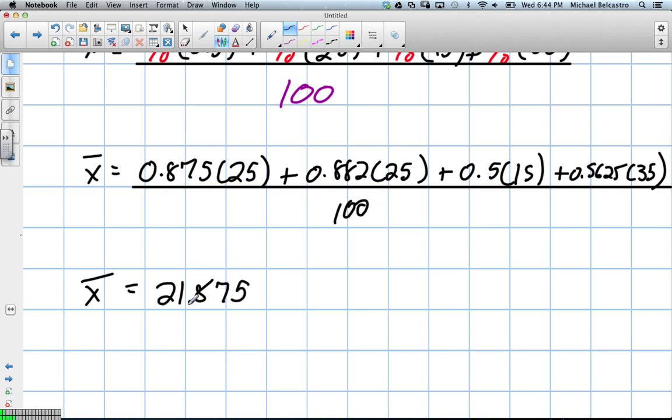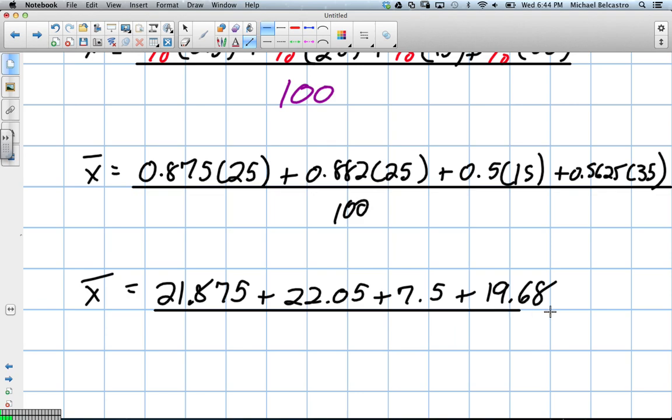Anyone help me out with the next ones? 22.05. This is going to be 7.5, I think. Yeah. 19.68 roughly. Okay. All divided by 100 still.